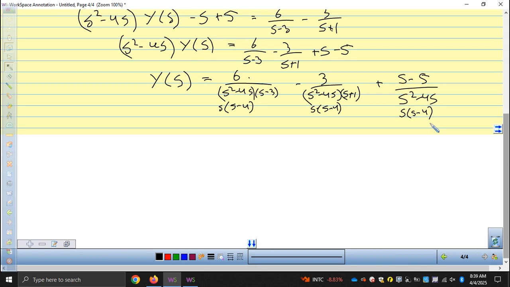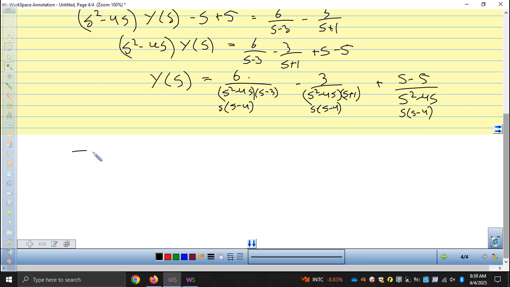That's why I say use a calculator, use some online tools to help you with that. These are not terrible partial fractions, but there are 3 of them. And each of these has 3 terms. This just has 2, so that's not as bad.